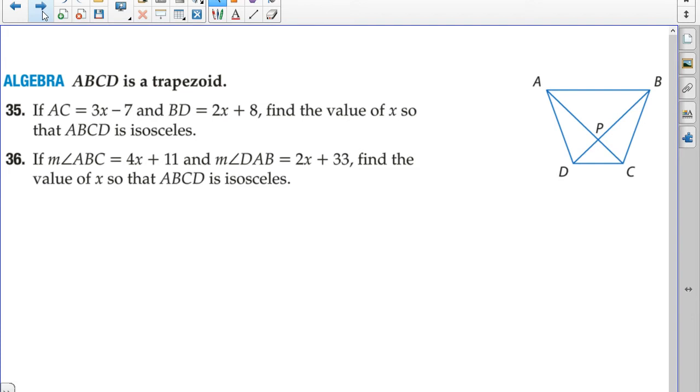And they're telling us that the measure of angle DAB is 2x plus 33. And I'm just drawing this in the background now. So 36. So measure of angle ABC is 4x plus 11. Measure of angle DAB is 2x plus 33. They want to know to find the value of x to make it isosceles.